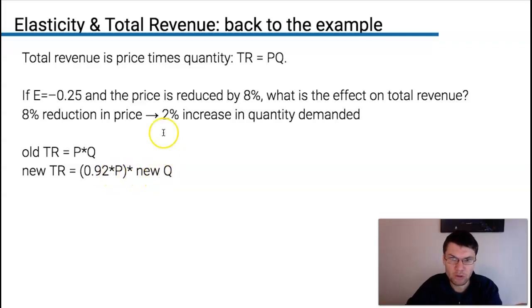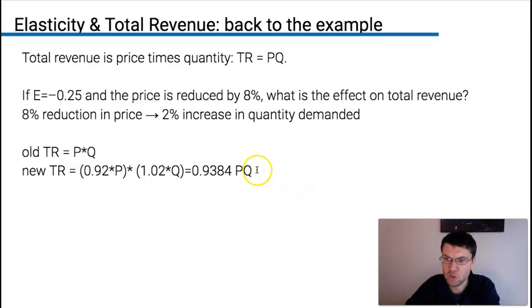Similarly, your new quantity is 2% larger than your old quantity, so it's like 1.02 of the old quantity, 102%. And so if you multiply these two values together, 0.92 and 1.02, you'll get a value of 0.9384.